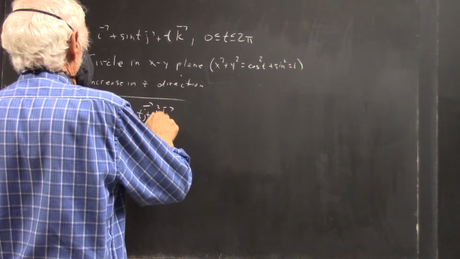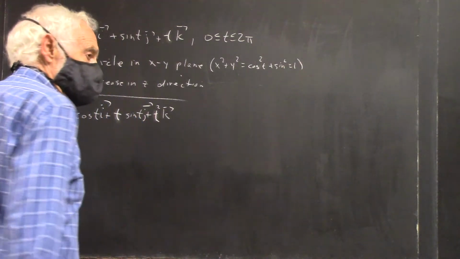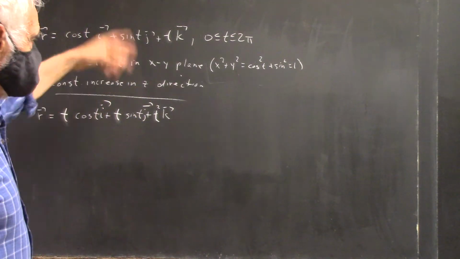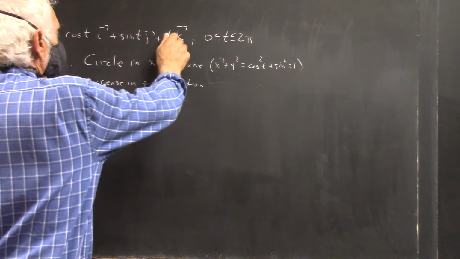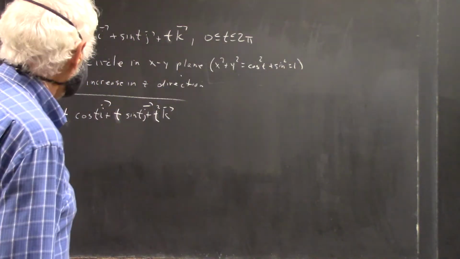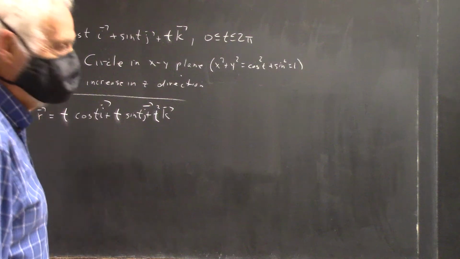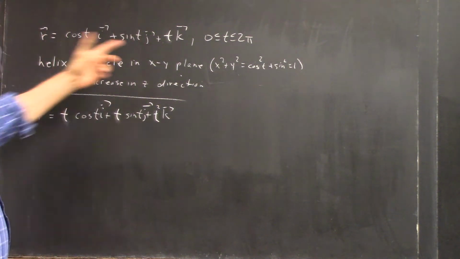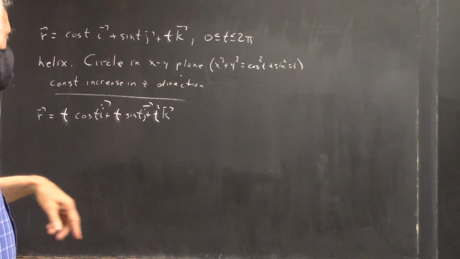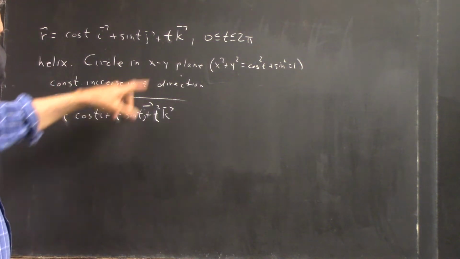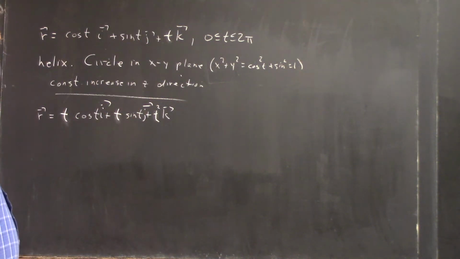I want this to be a t squared. Okay? So root z there, because of course, well, you don't have to worry about it. You asked me how I was doing, that was a pretty good indication. But you understood what this was anyhow. Constant increase in the z direction because it's t. Okay.